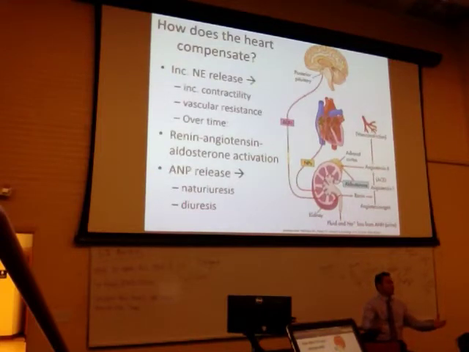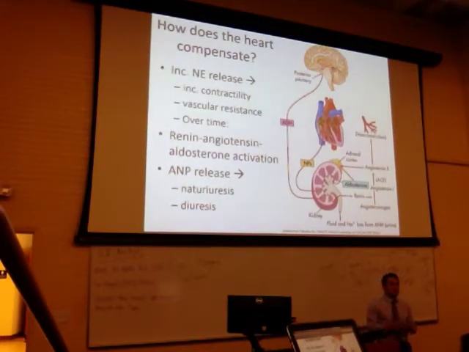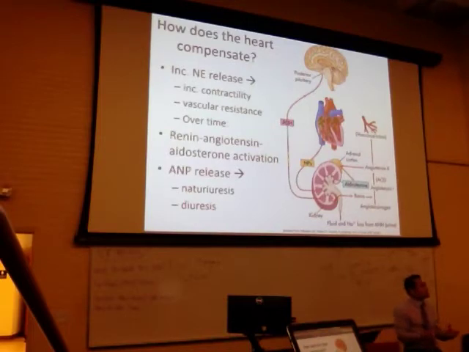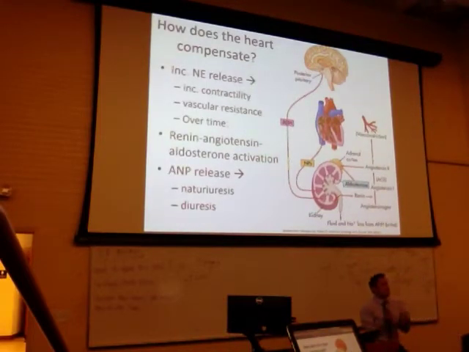Hypertrophy. Okay? We're at the end of the semester, so now I want you guys to start talking like you're taking the class. Okay? Hypertrophy. You get hypertrophy of skeletal muscle when you load it. Right? That's why you go to the gym. Okay? So you can look all gnarly. Now, cardiac muscle striates, so it does the same thing. Right? So it's going to respond with a hypertrophic response, just like skeletal muscle.